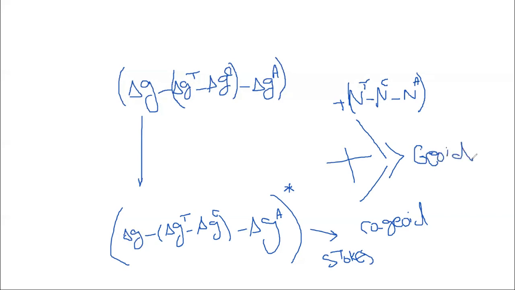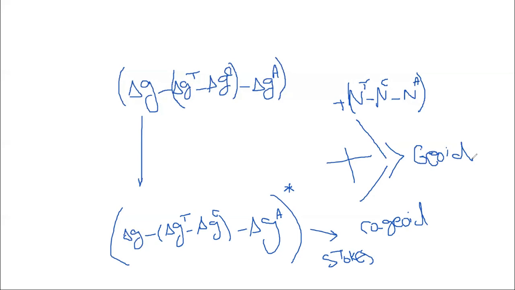So it means that you need to continue downward the topographic effect, compensation, and atmospheric effect. From external type, you will come to the geoid level, do the computation as the geoid, and using the internal type, restore the effect of the removed masses.